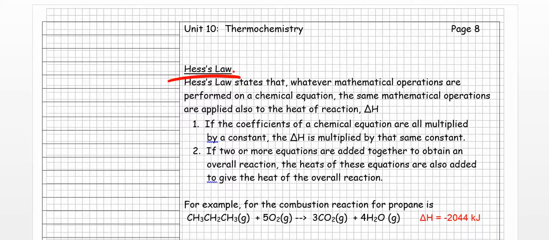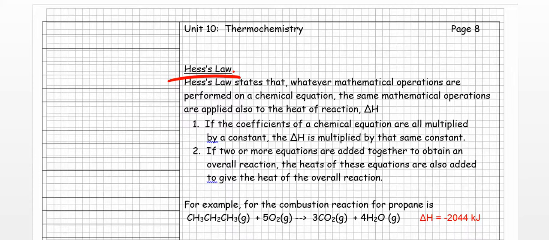If the coefficients of a chemical equation are all multiplied by a constant, say 2, the delta H is multiplied by the same constant. Okay? So if you double a chemical reaction, then you double the delta H associated with that chemical reaction. So that's the first part of Hess's law.